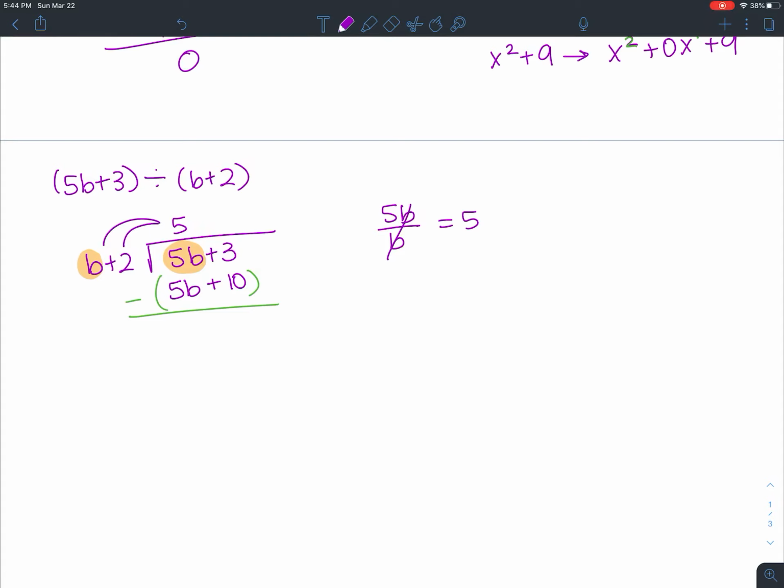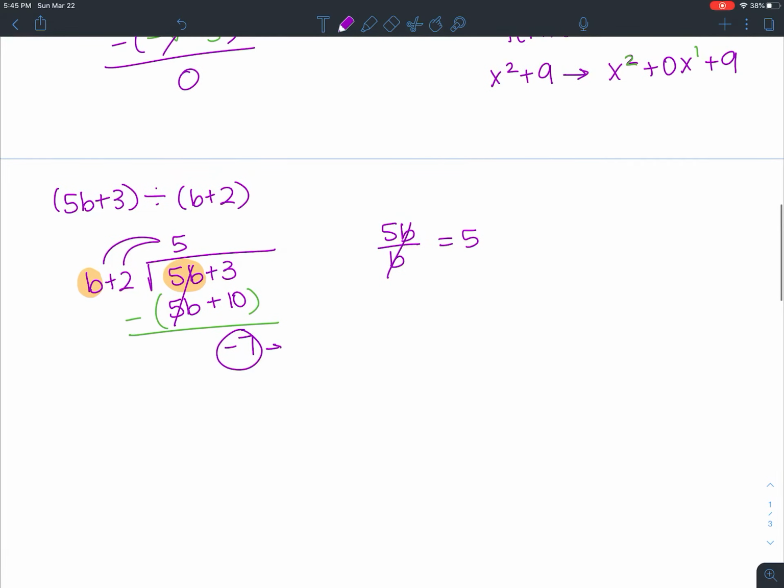So 5b minus 5b is 0. 3 minus positive 10 is negative 7. So my answer is going to be 5 from here. Oh, sorry, I forgot. Because negative 7 can't divide by b, I'm done. So this is going to be my remainder.